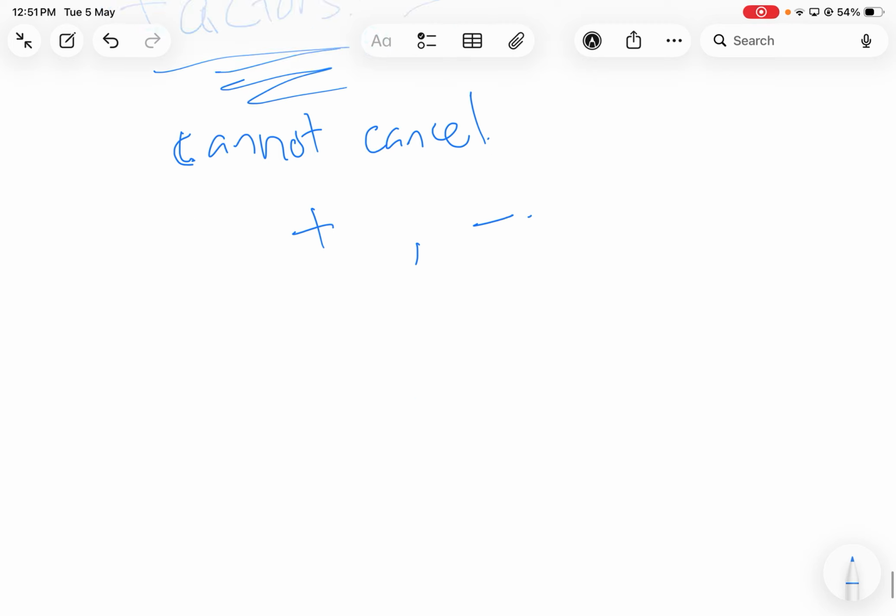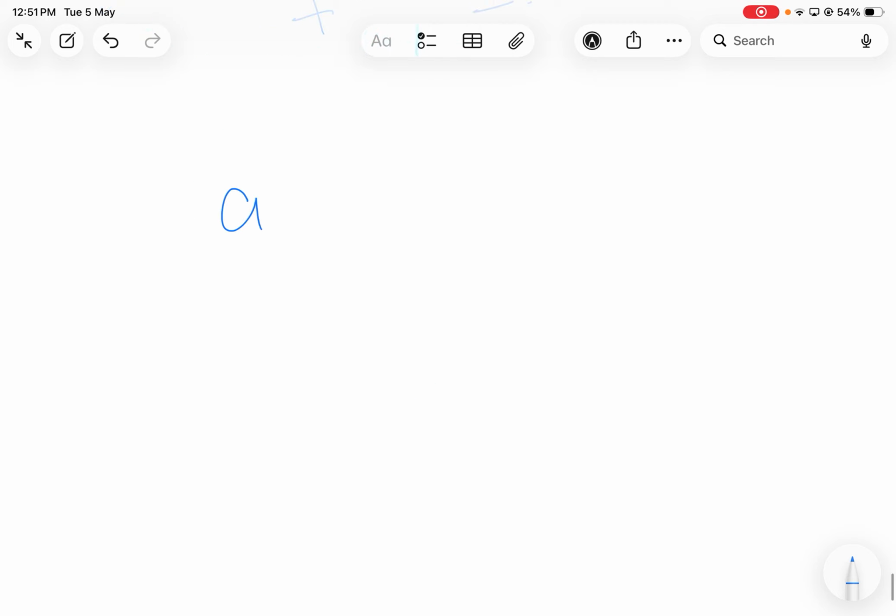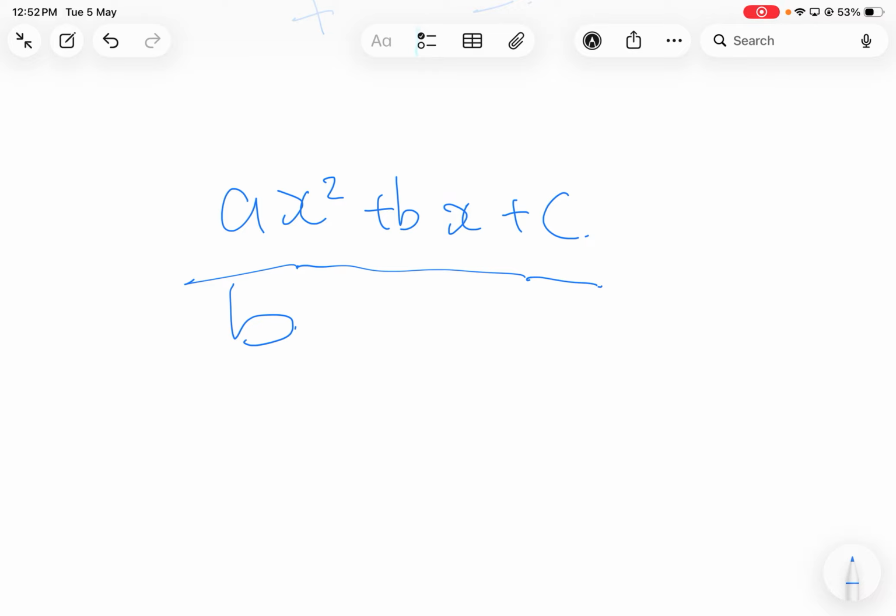Okay, then come to whether my numerator or my denominator got such things inside, what do I do?